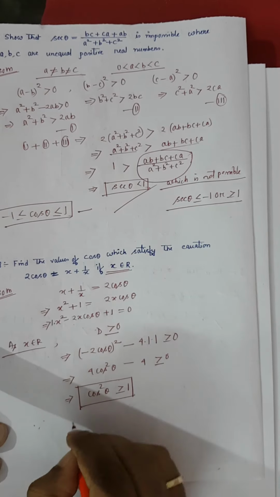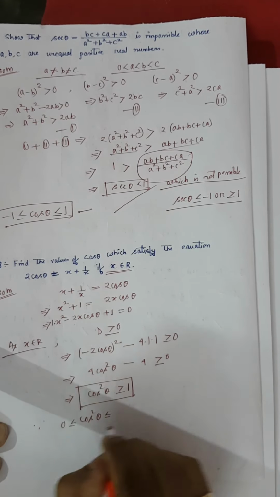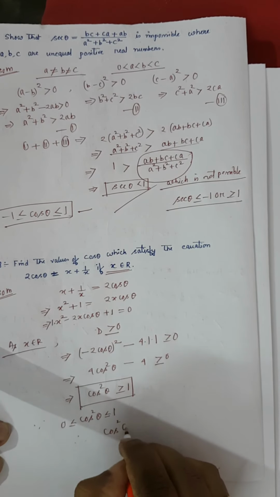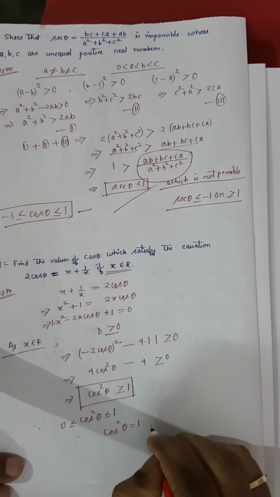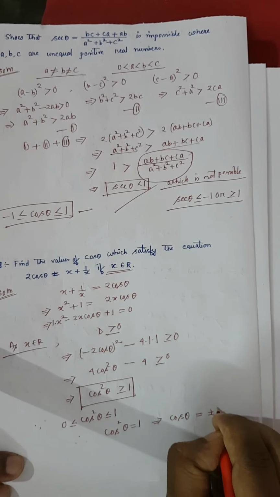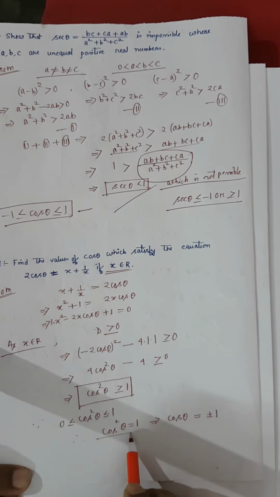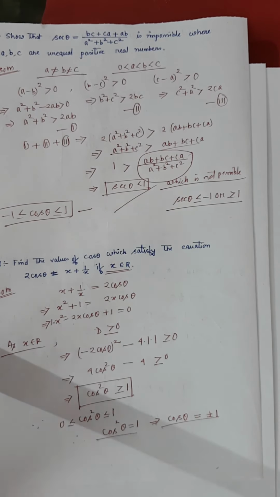Alright, since cos square theta lies between 0 and 1, therefore at max the value of cos square theta can be equal to 1. So cos theta can be equal to plus minus 1. For cos square theta equal to 1, if I take the square root, I will get plus minus 1. So the value of cos theta can be plus minus 1.